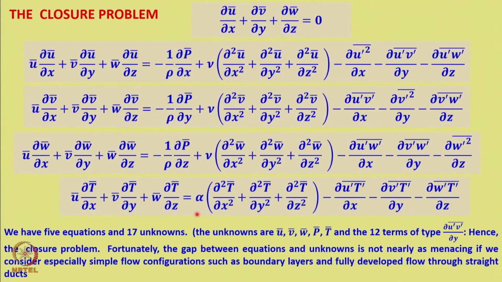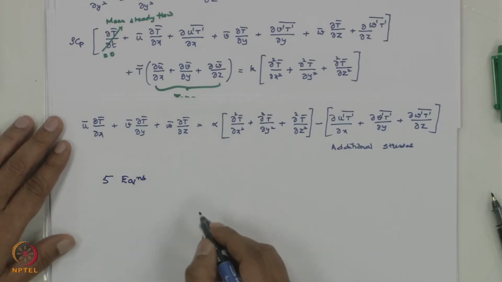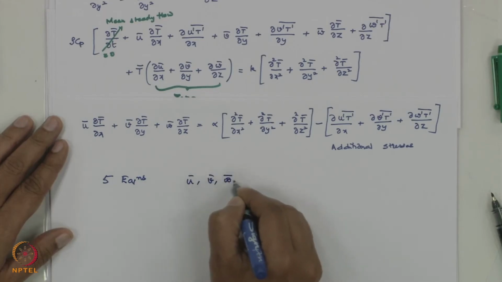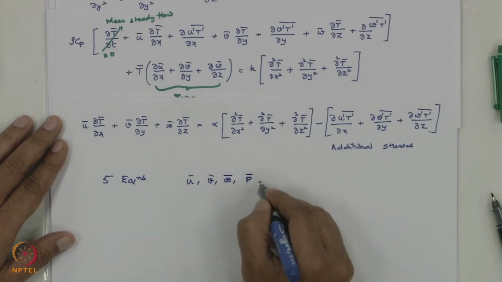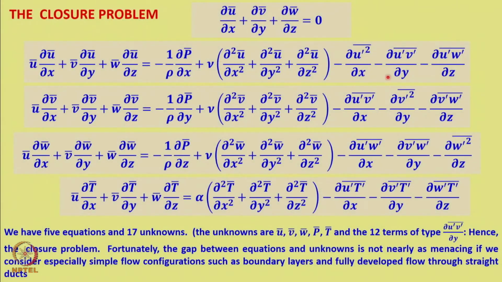So in total, how many equations do I have? I have a total of 5 equations. And how many unknowns do I have? U bar, V bar, W bar, P bar, T bar, and now you see on the slide, 1, 2, 3, 4, 5, 6, 7, 8, 9, 10, 11, 12 derivatives of the fluctuating components, both velocity and temperature, as products.